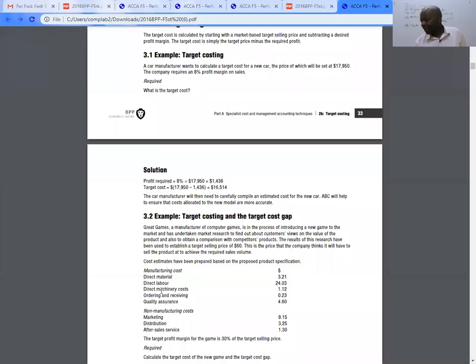They have given us cost estimates prepared based on the product specification. For this manufacturing and non-manufacturing cost, you are supposed to add all of them. Somebody kindly add for me everything.